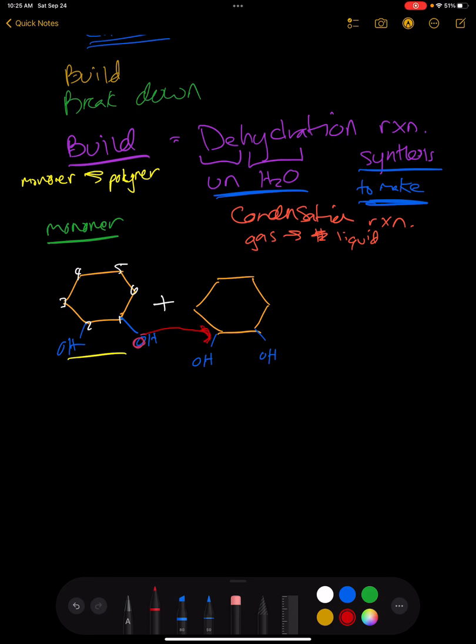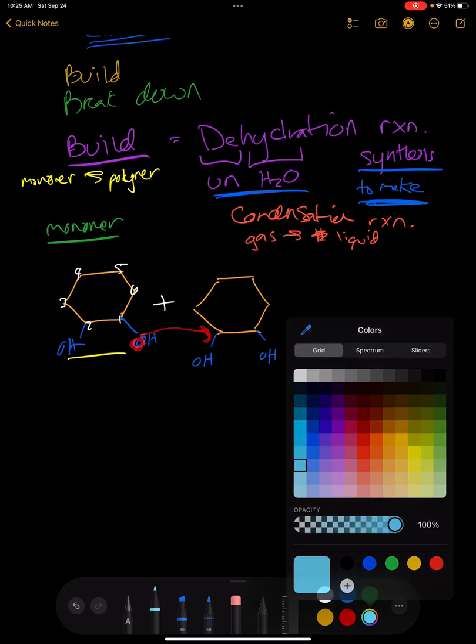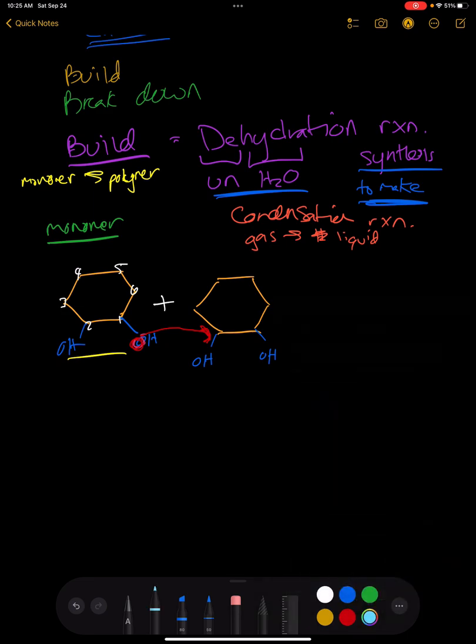So this oxygen, who's really negative, sees this carbon and says, you know what, I'd rather be with him. So he breaks apart from this hydrogen. It's like if you have a couple, boyfriend, girlfriend, or whatever, and one of those people starts talking to somebody else, that's going to cause them to break up.